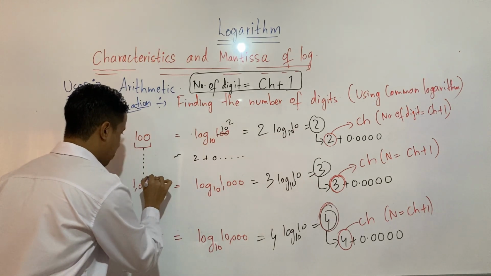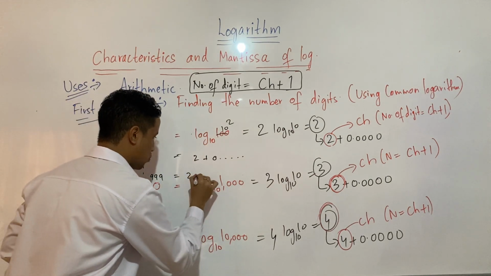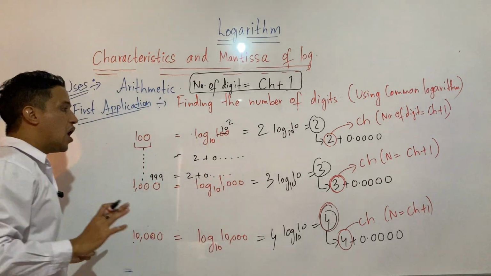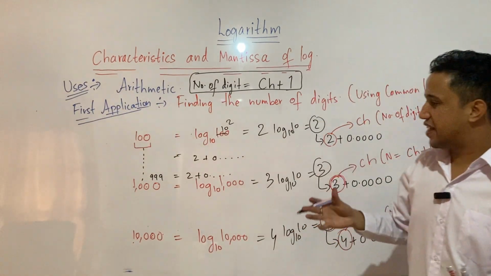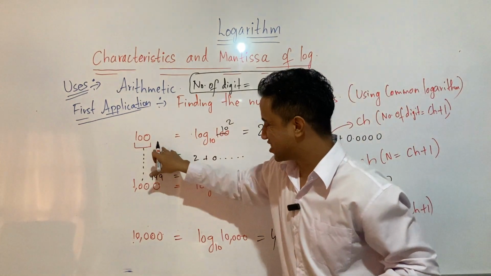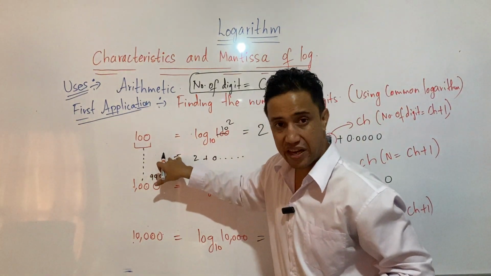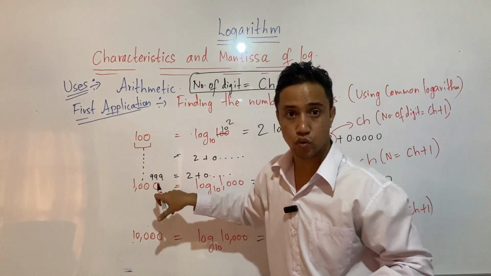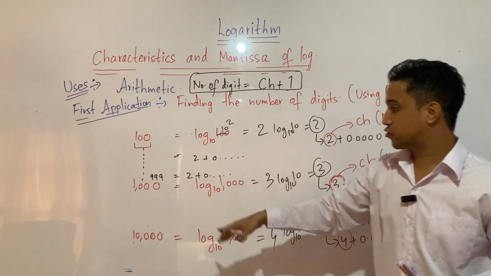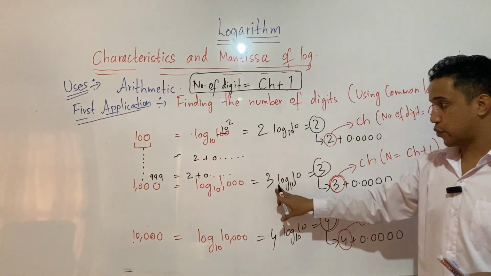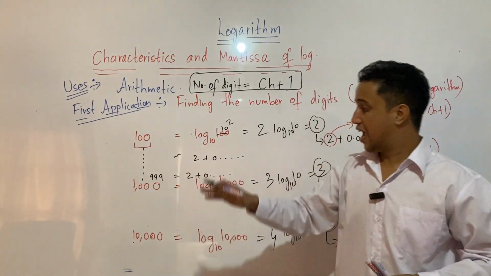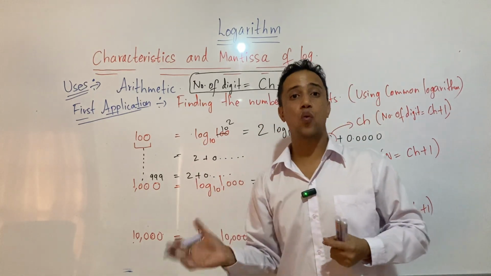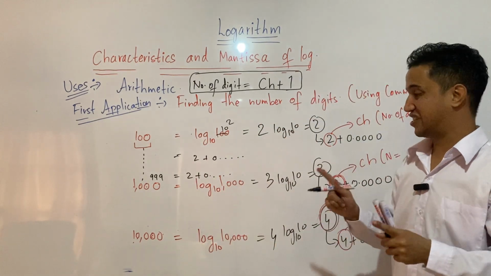For example, 999 is going to be 2.0 point something, right? There is no way that you will get characteristic 3 for any number between 100 and 1000, because the characteristic of 1000 is 3. So any number before 1000 and after 100 is going to have a characteristic of 2.